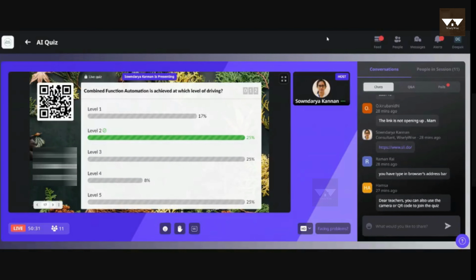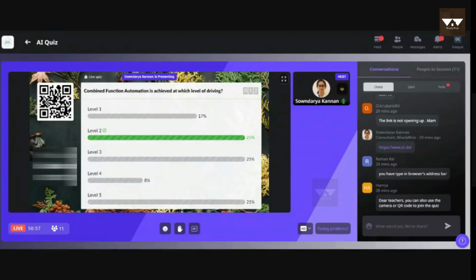So level 2 is the right answer: combined function automation, as shown in the picture. It has half automation, and half has to be controlled by the humans. That's called half and half, which is combined function automation. So level 2 is the right answer for you all.